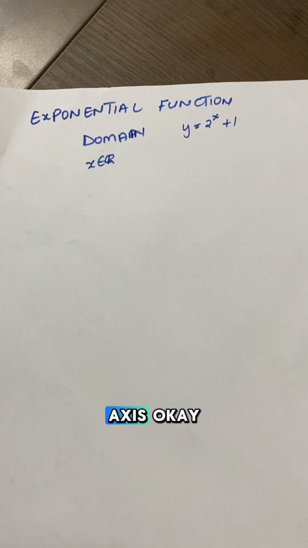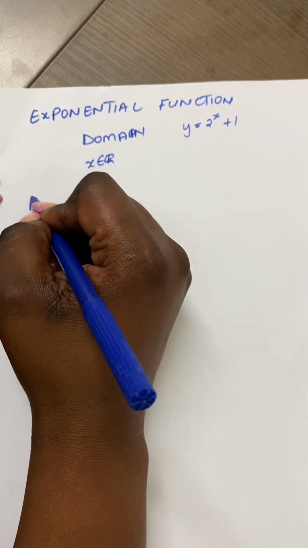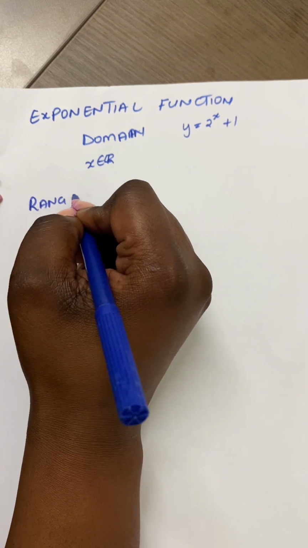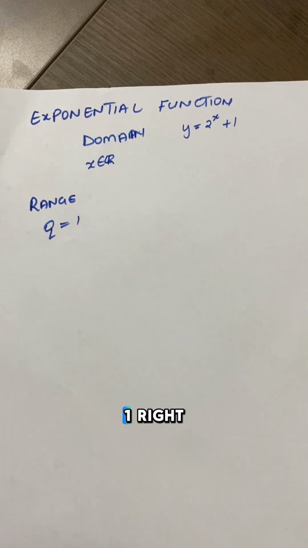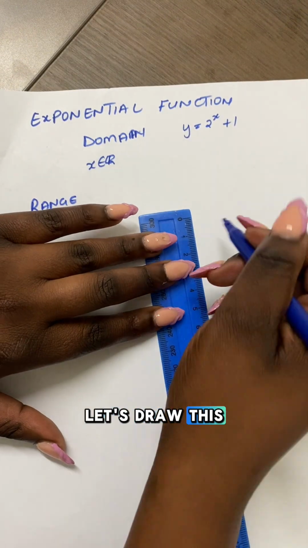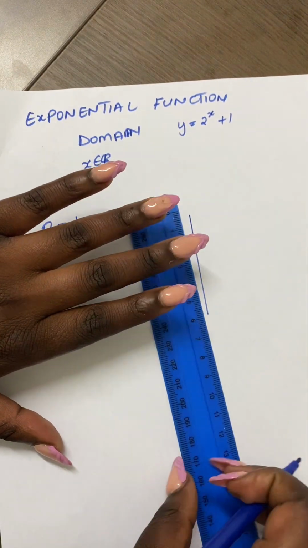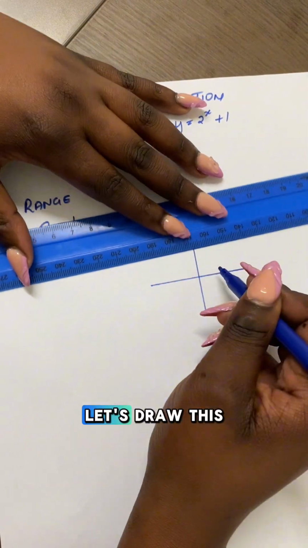And then for your range, q is equal to 1. Let's draw this.